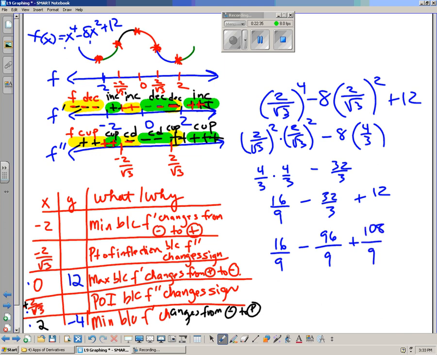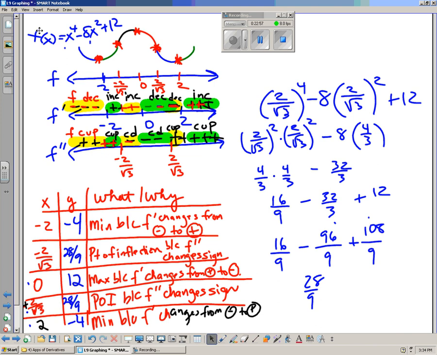So now we get 16 minus 96 plus 108. 108 minus 96 is 12. 12 plus 16 is 28. 28 ninths is the y value here. And it's also the y value here due to the symmetry. And the y value here would be negative 4 due to the symmetry. So there are our y values.